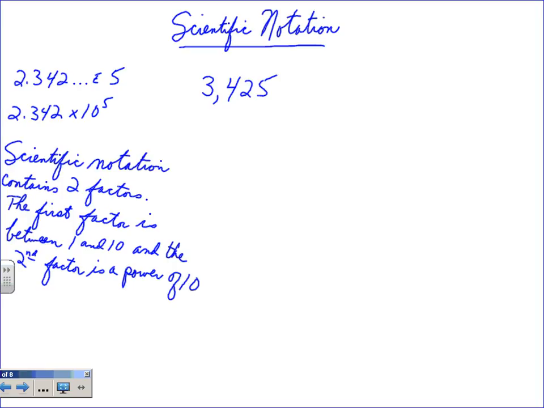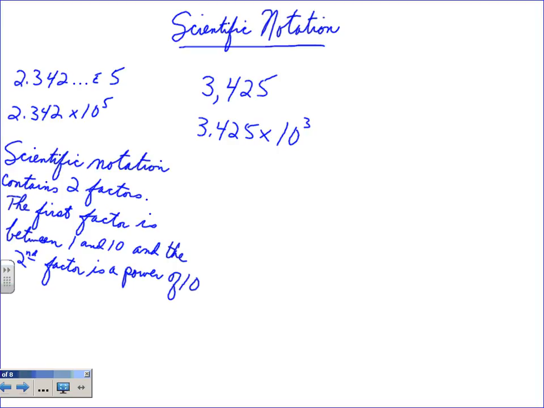Okay? Well, I'm going to write that as a product of two factors. The first one has to be between 1 and 10, so I'm going to write that as 3.425. The second one times 10 to the third power.